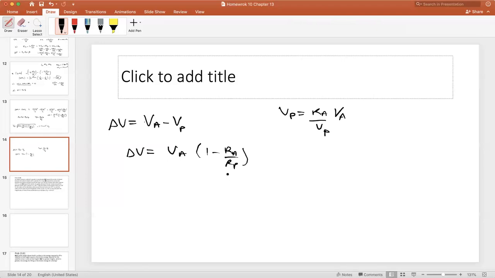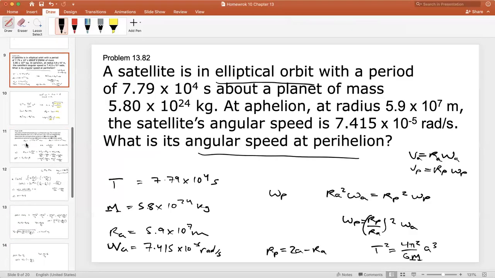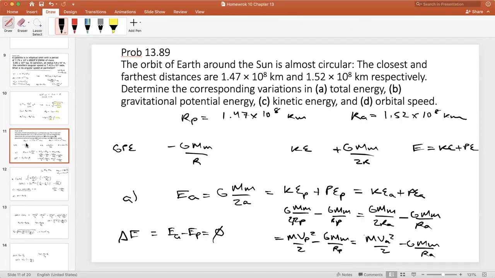And that should be pretty small. Remember that RA is only slightly bigger than RP. So this is going to be some very small negative number. Essentially it's going to be 1 minus 1.52 divided by 1.47.